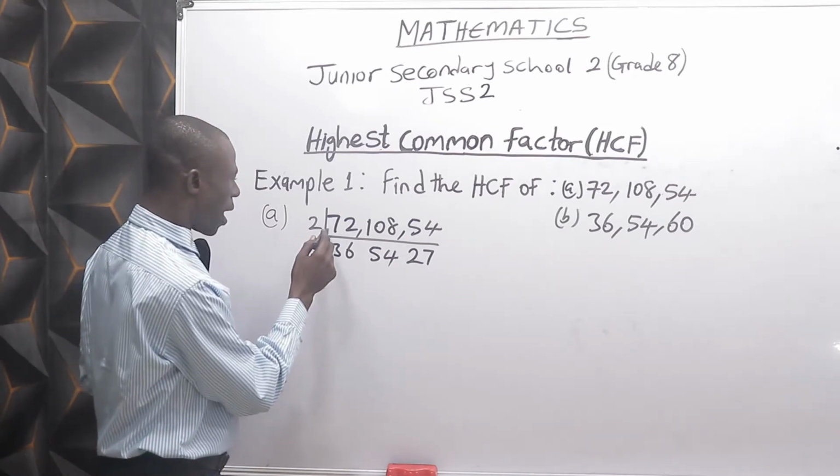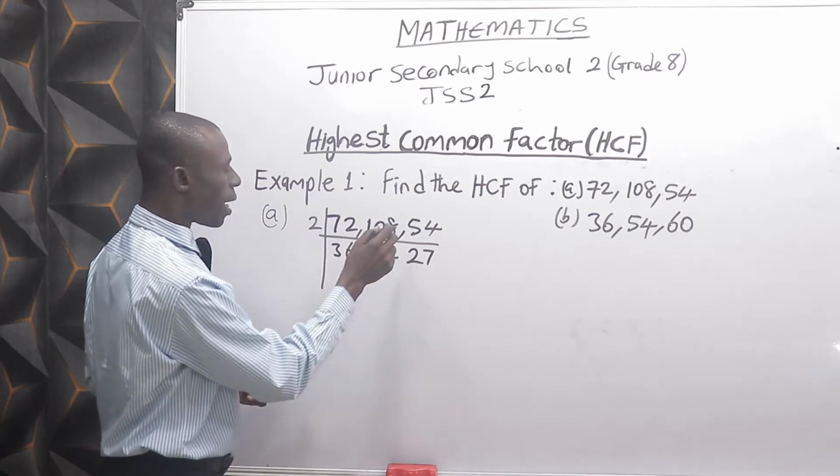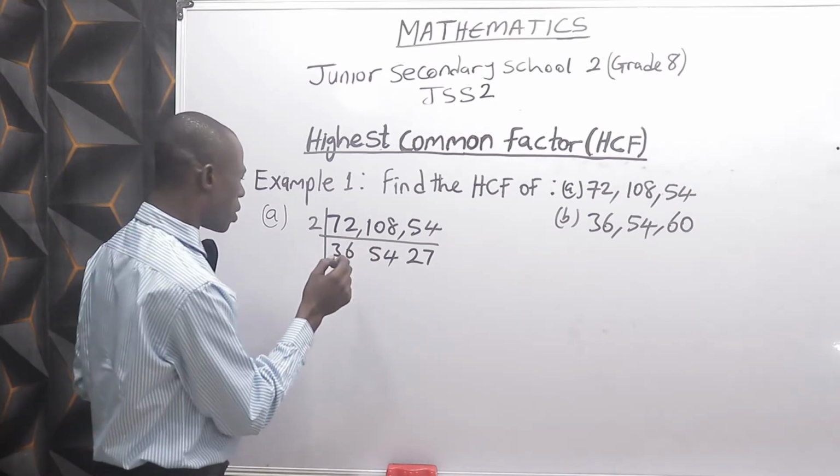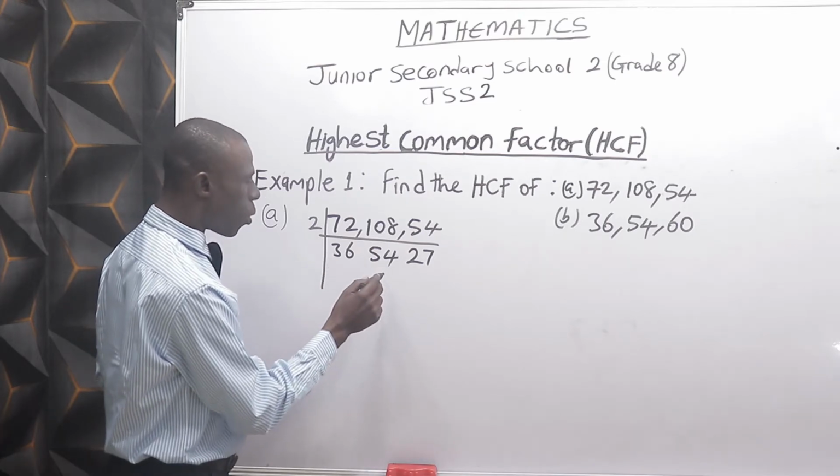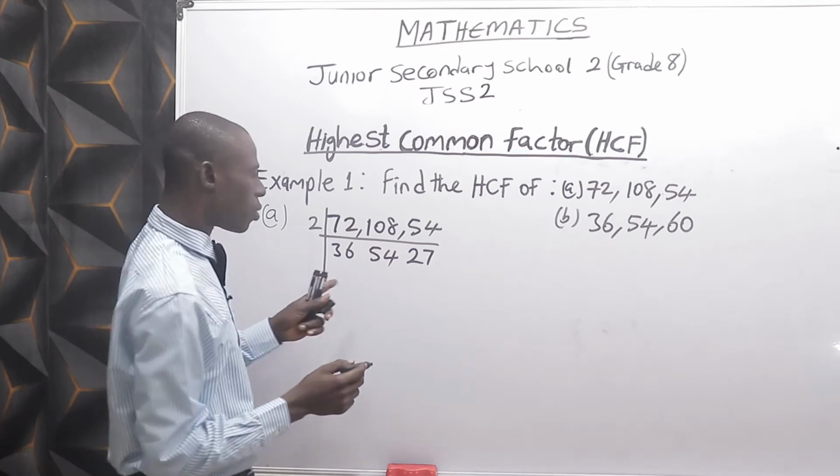2 divides 72, 108, and 54, and that's why we use it. 2 divides 36 and 54, but does not divide 27. That's why we are not going to use it.